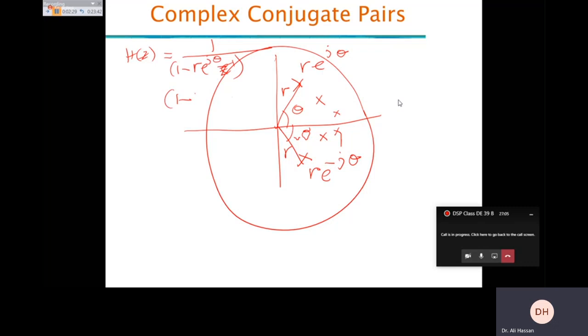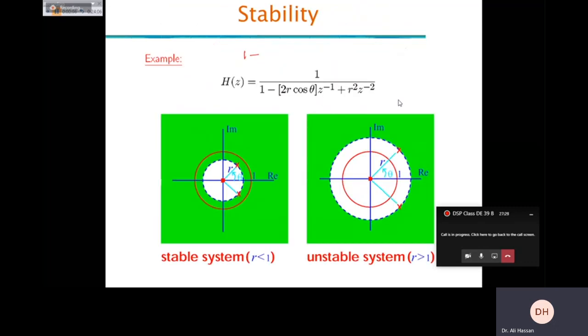If you write them together, and then you multiply them together, okay? So multiplying 1 minus r exponential j theta z inverse with 1 minus r exponential minus j theta z inverse. What we are trying to study is what if you have only two poles and they are in a complex conjugate pair.